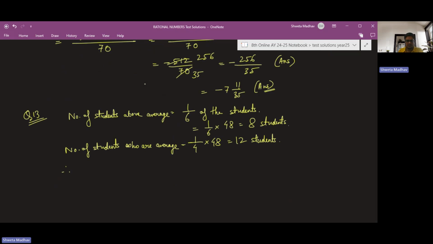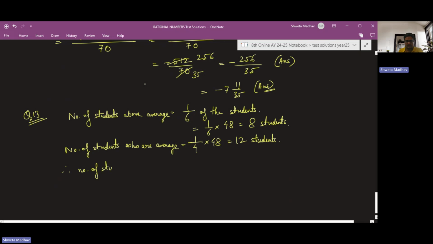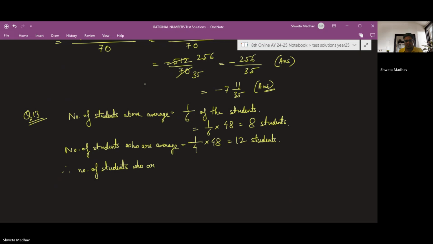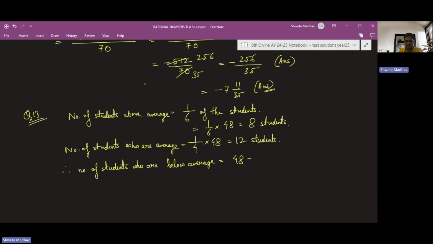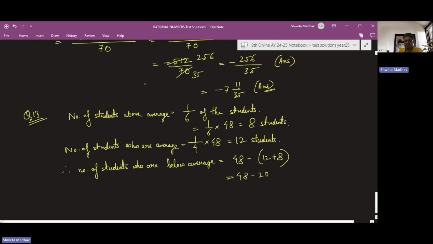So the number of students who are below average will be the remaining students, which will be 48 minus 12 plus 8. So that will be equal to 48 minus 20, that is equal to 28 students. So 28 students are below average in the class. So 28 is the answer.